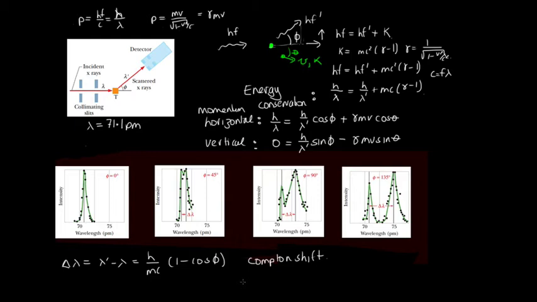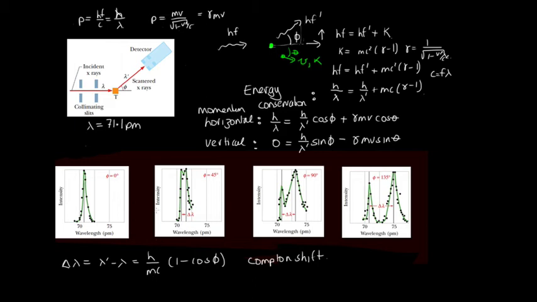Now, there's one thing which may still be puzzling you a bit. If this is the case with all this conservation, then why do we still have this peak at 71.1 picometers? Why isn't it all found at this second peak, λ', which we've calculated here?